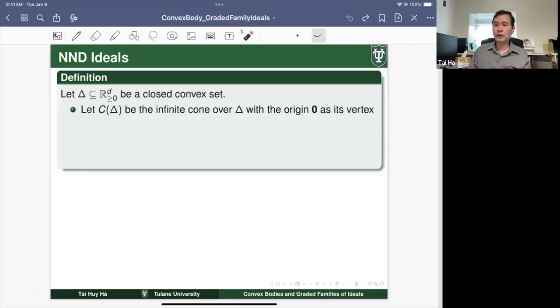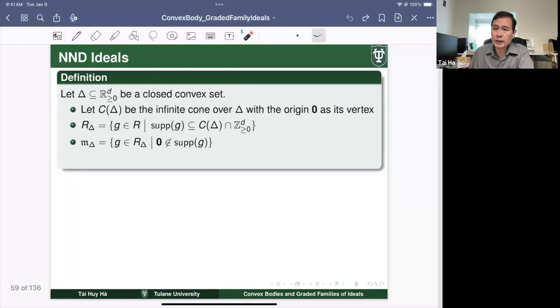Okay, so let's move on to define NND ideals. Suppose that we start with a closed convex set inside the first quadrant of R to the D. Then we can look at the cone over this convex set with the vertex being the origin. And we can restrict everything inside the ring to this cone.